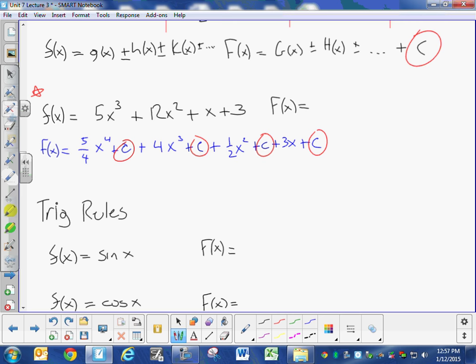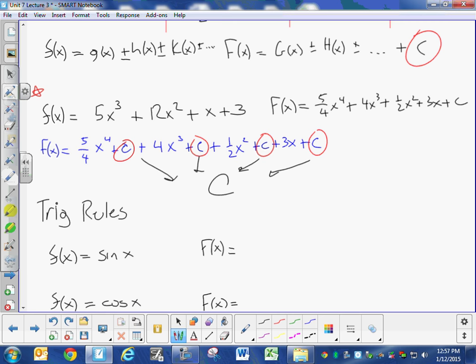So this is why we just have one c up here, and I don't have a plus c in between all the h's. Okay? So this is just equal to c. So that's why we'll just have 5/4 x to the 4th plus 4x cubed plus 1/2 x squared plus 3x plus c. Okay.